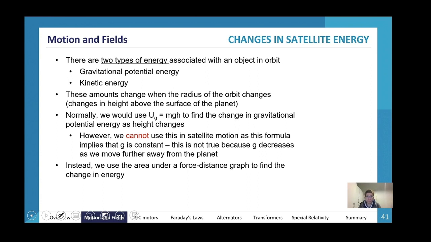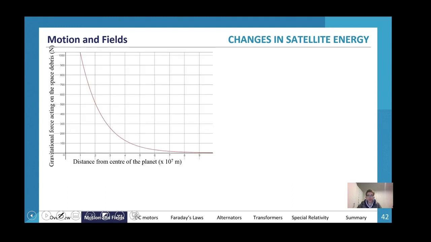Normally, we would use mgh to find the change in gravitational potential energy as the height changes, but because g is changing, we cannot use this formula. Therefore, we have to use the area under a graph, like we did before.